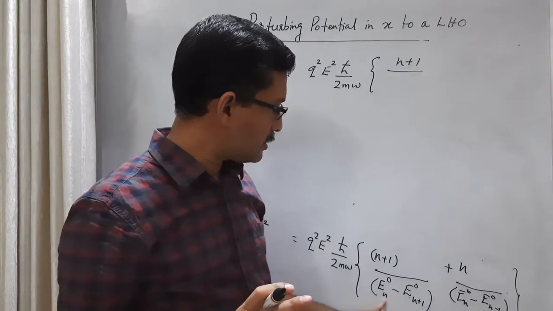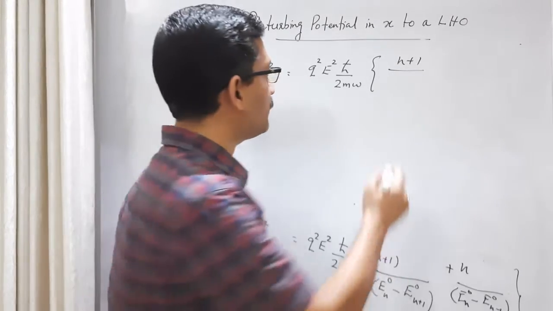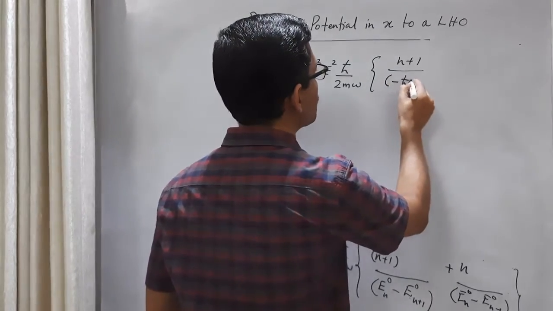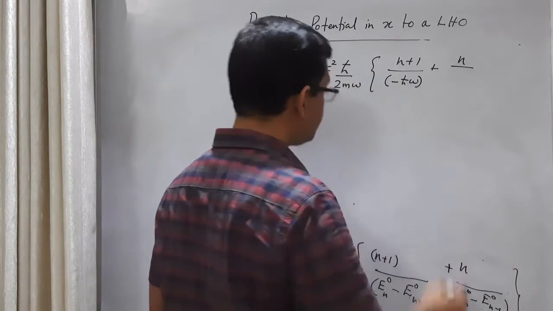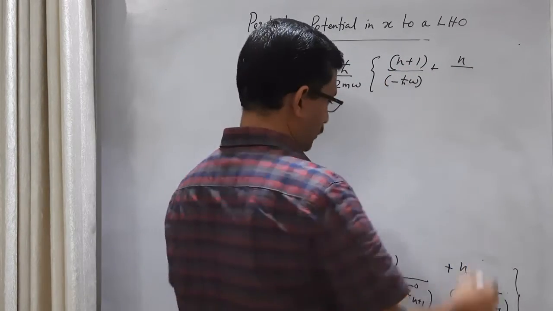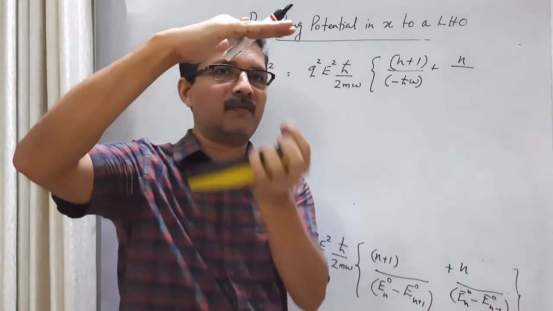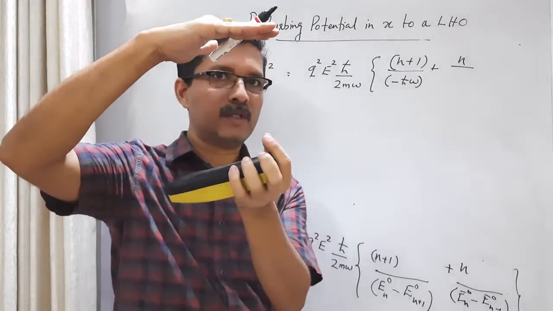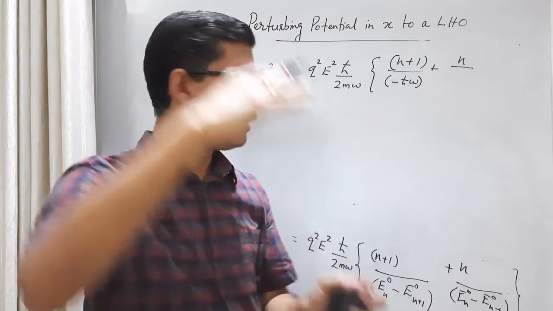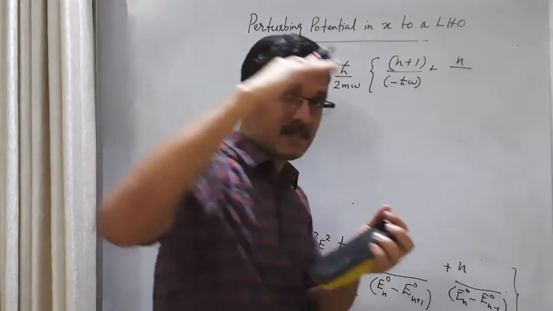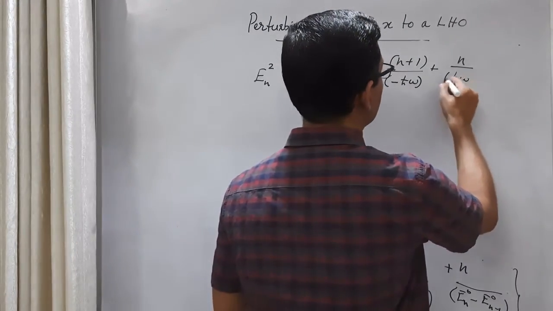This has a lower energy, this has a higher energy, so the difference will be minus h cross omega. Plus n divided by En0 minus En minus 1 0. En is the nth level, En minus 1 is the level below it. So the difference is h cross omega, because En is the higher energy state and En minus 1 is the lower energy state. So this is h cross omega.